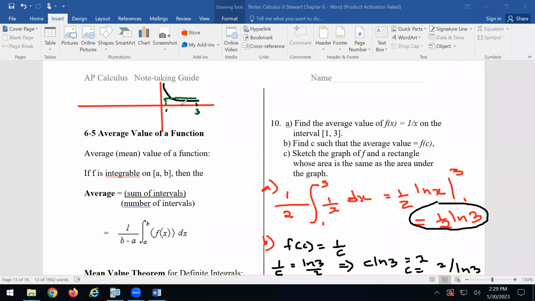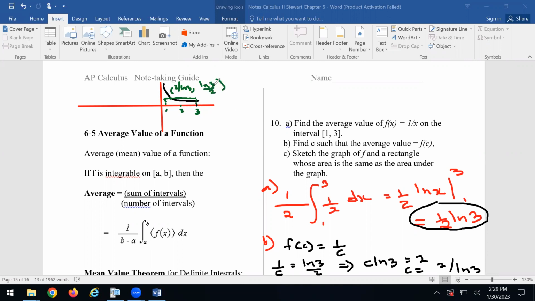Let's say this is about 2. We already computed the value for C. So we would know what C is. Let's say it's at that point. What's C again? C is 2 upon ln 3. And the average function value is ln 3 upon 2.